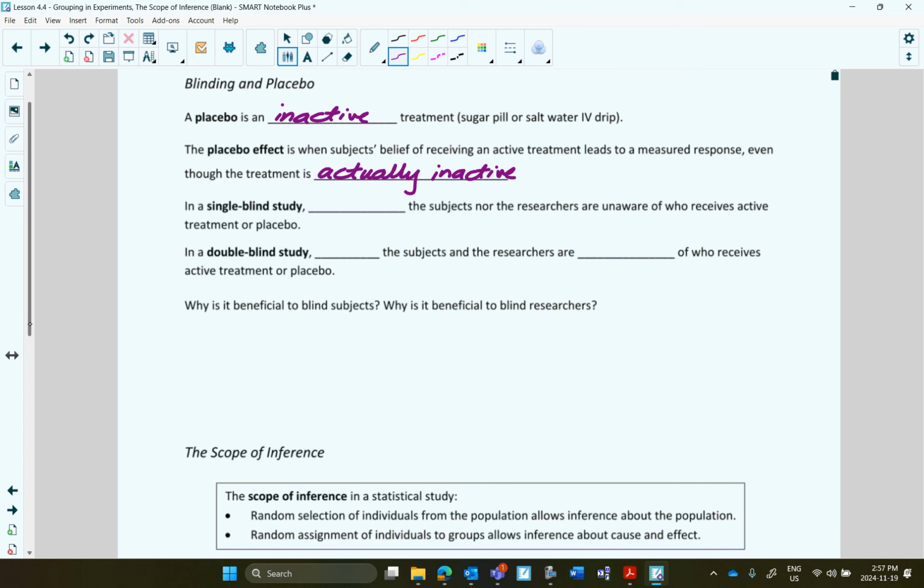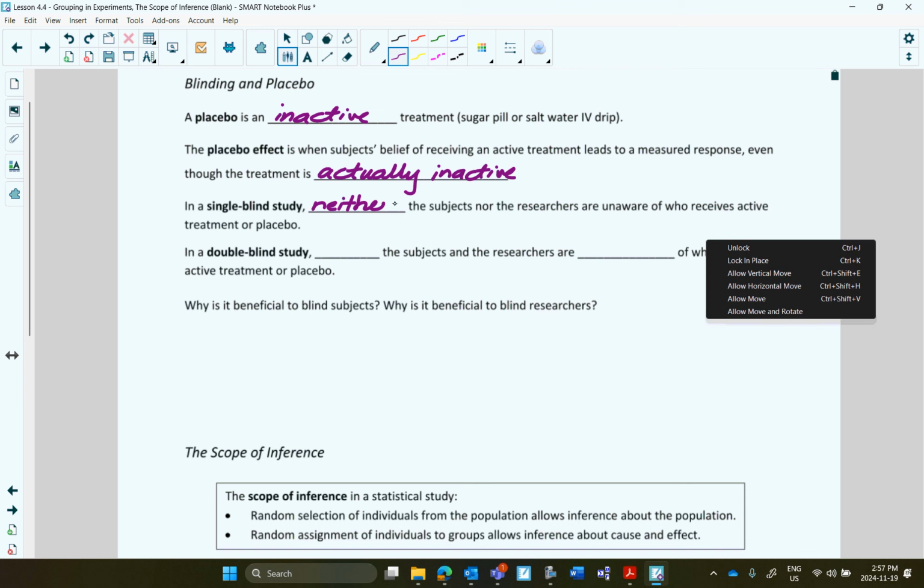So how do we get around these things? How do we reduce the placebo effect? We do blind studies. In a single blind study, one of the groups, either the subjects or the researchers, is not aware of who's getting the placebo.